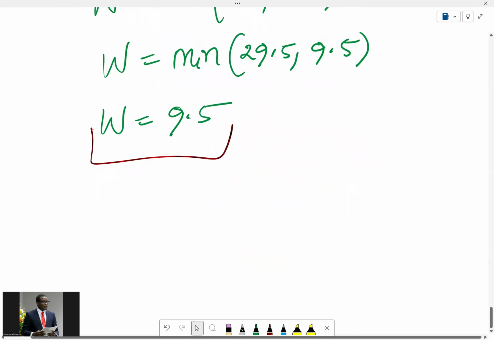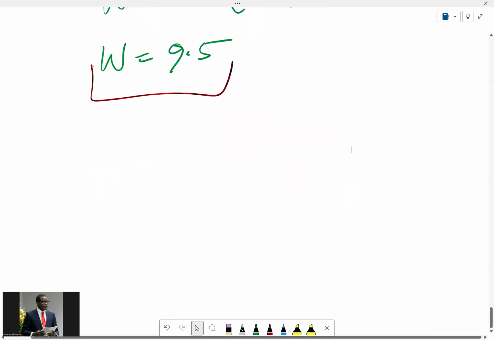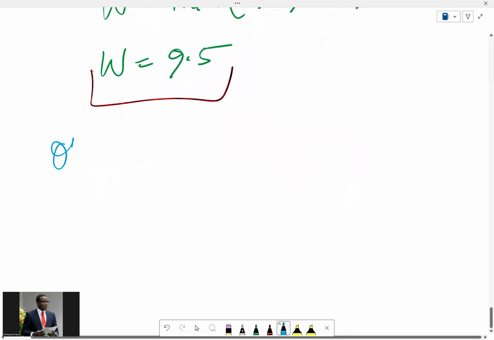So now that we have 9.5 as our test statistic, we now need to get the critical value. Let's get the critical value.